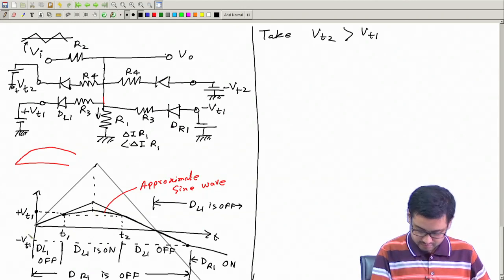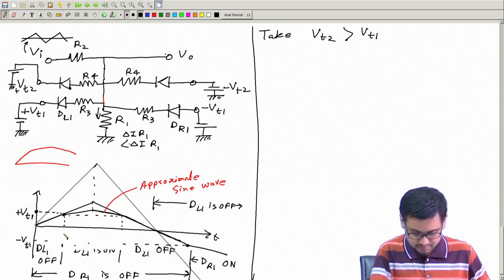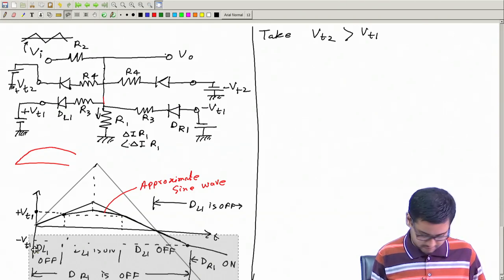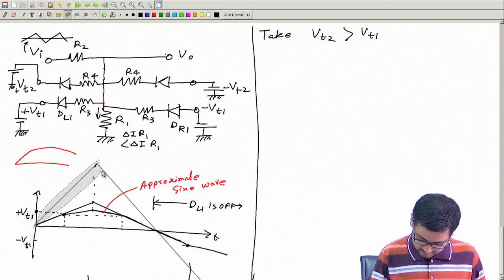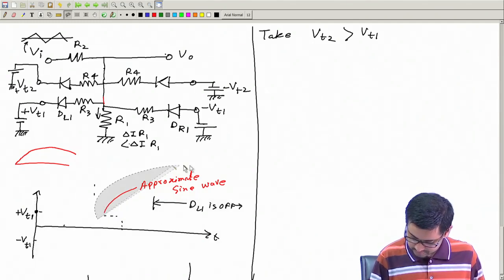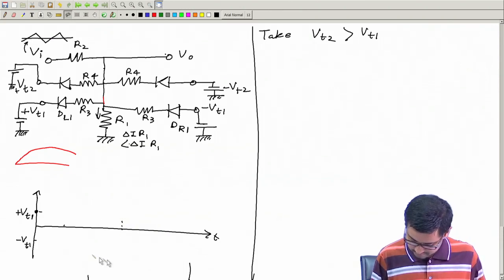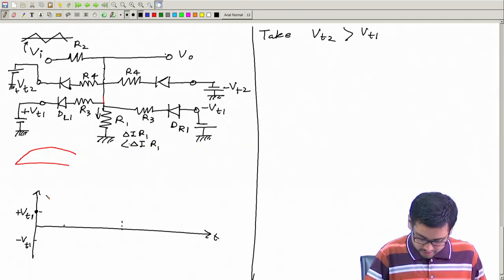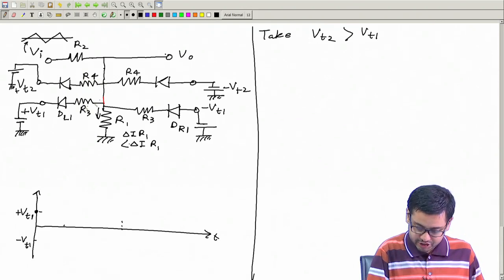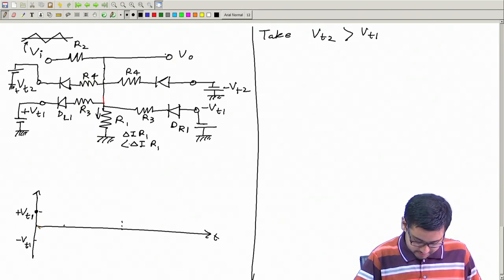let me clean it up. Say, the normal, I mean if these branches were not there, in the absence of these branches, VO increases like this.